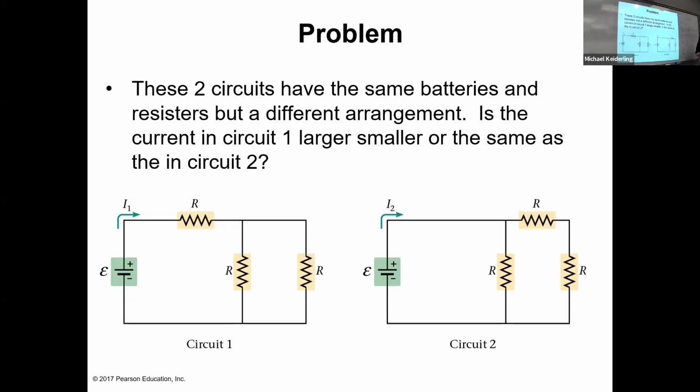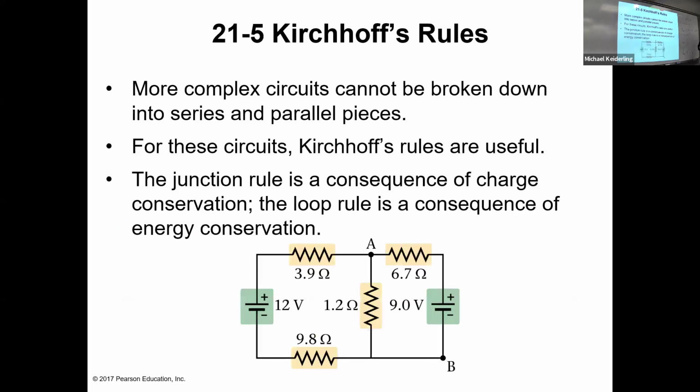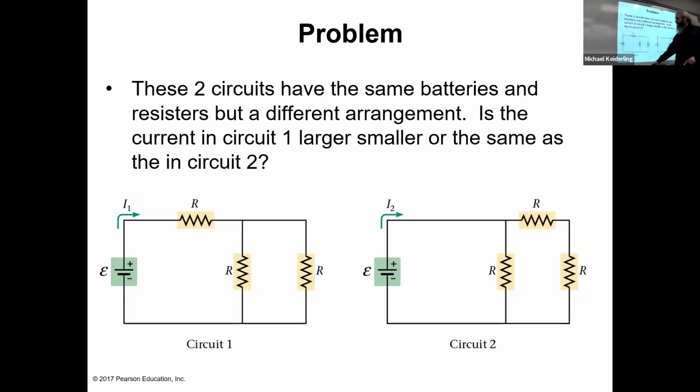Because this is 2R and this is R, the whole thing will end up being 2/3 R. Let me just see if I work these out. Okay, I'll work it out. So over here, the total resistance is going to be R plus 1 over R plus R, which is 1.5 R.